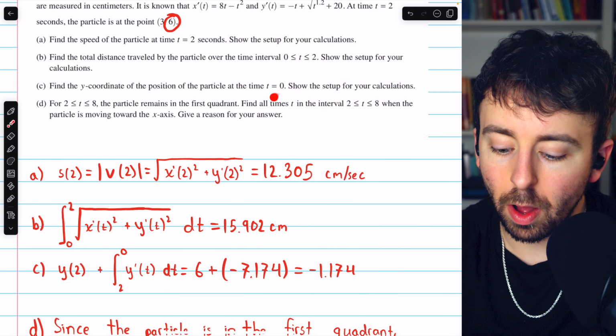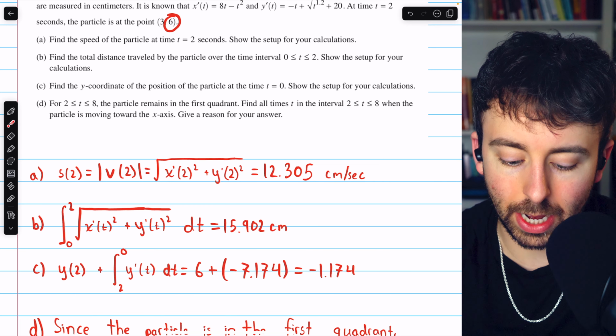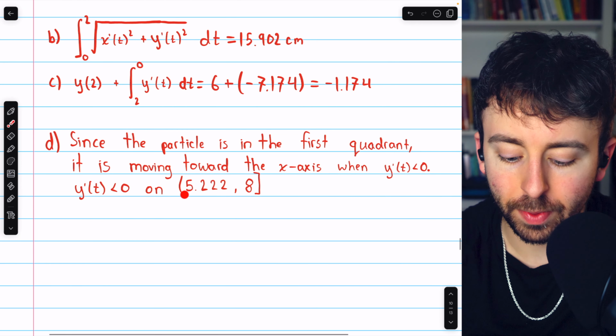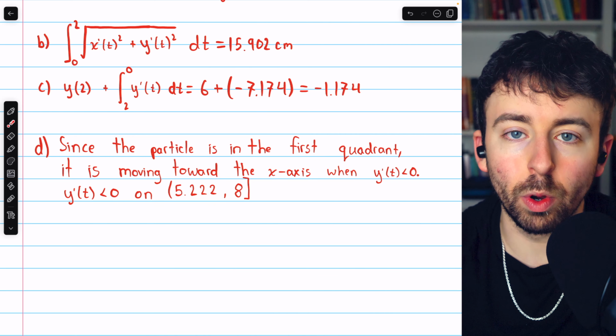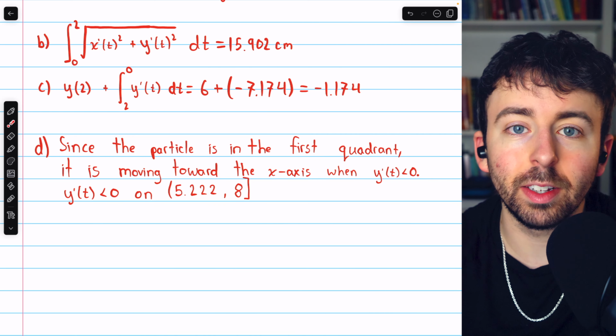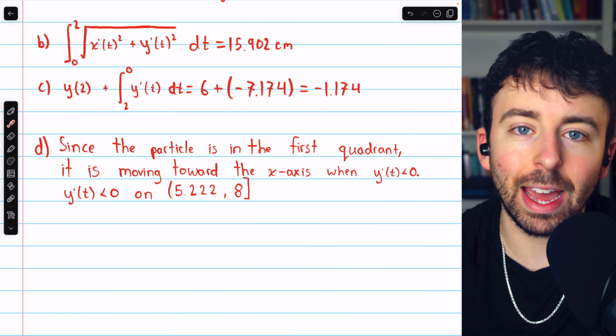Thus, the interval of all times when the particle is moving toward the x-axis between 2 and 8 is here, starting at 5.222 because that's when the derivative of y switches from positive to negative, and then all the way up through 8, it's negative that entire time.